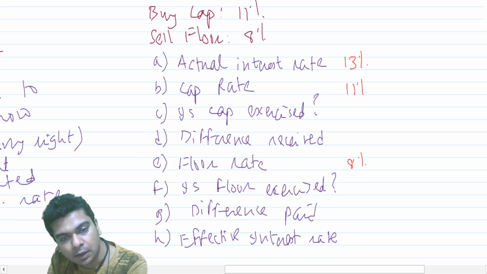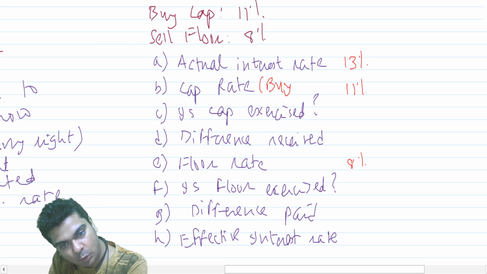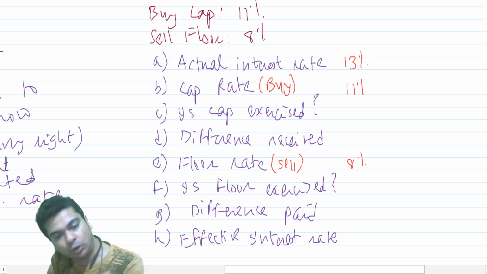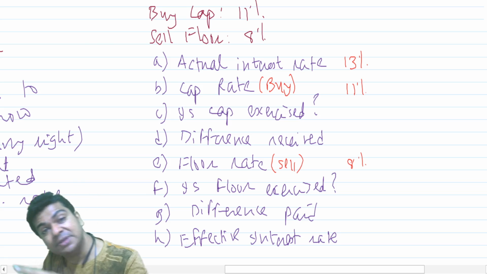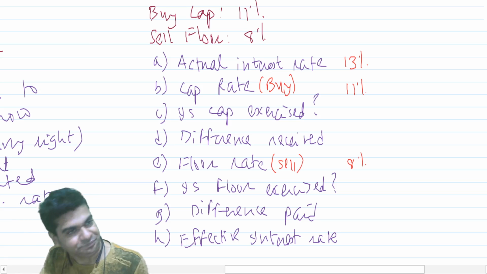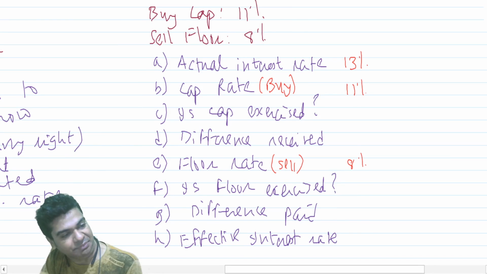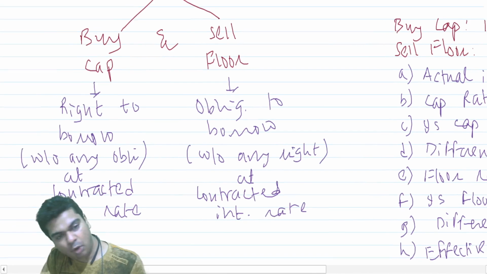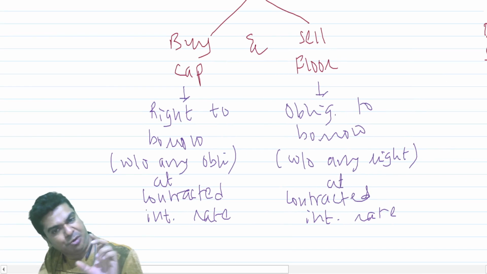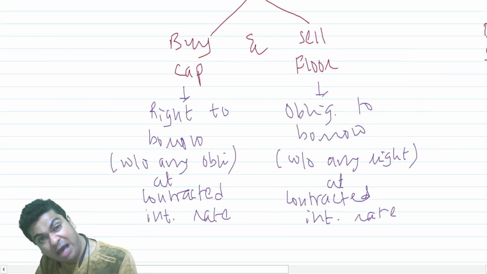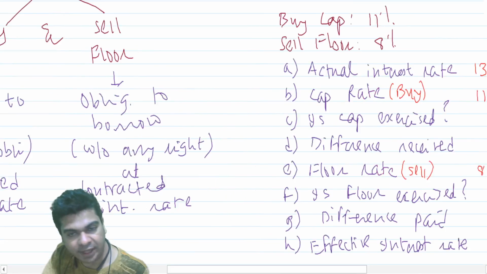You have purchased this and you have sold this. Because you have purchased a cap, it is giving you a right to borrow. Continuously keep this in mind: you have purchased a cap, so it gives you a right to borrow, and you have sold a floor, so you have an obligation to borrow.